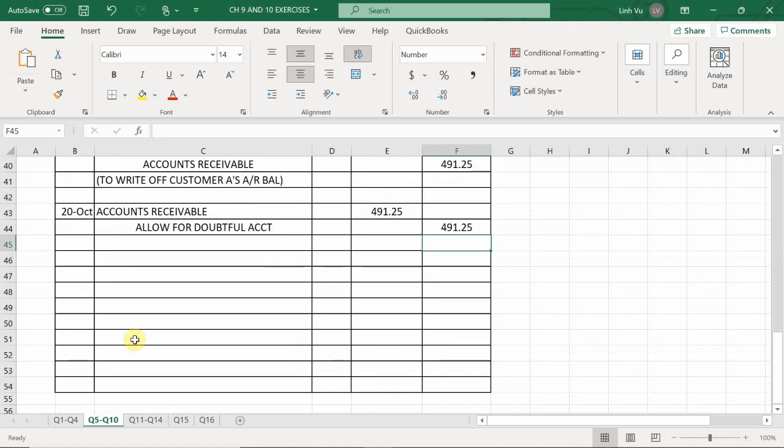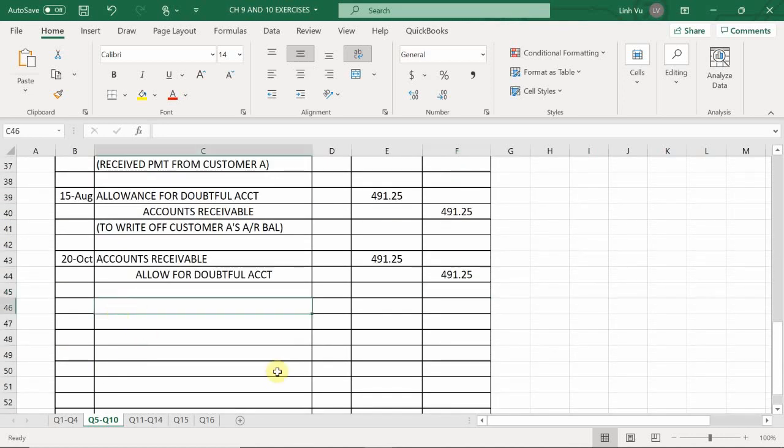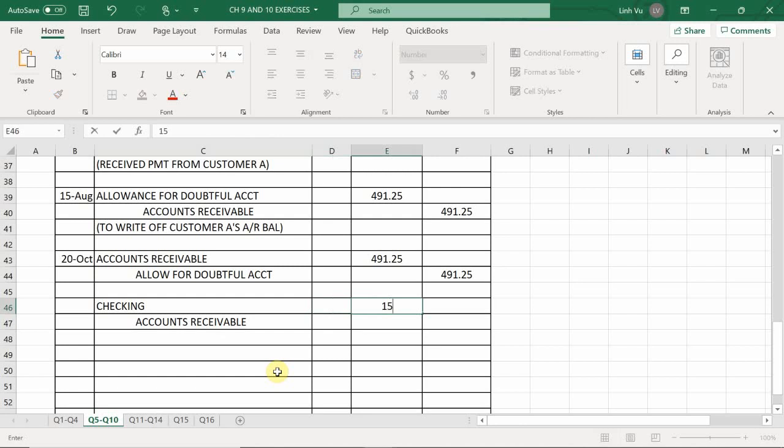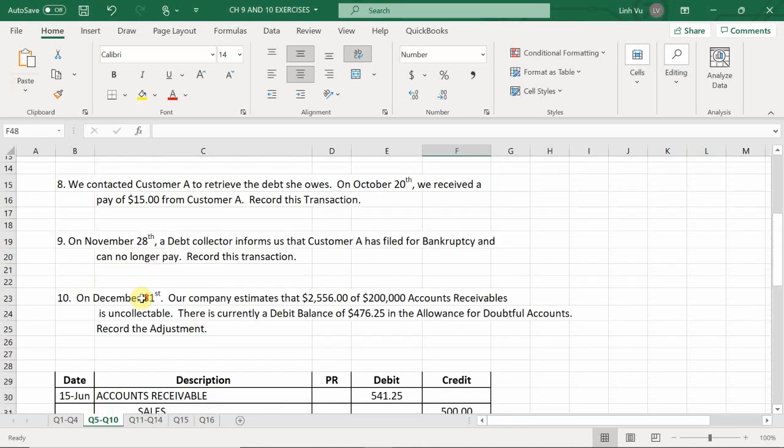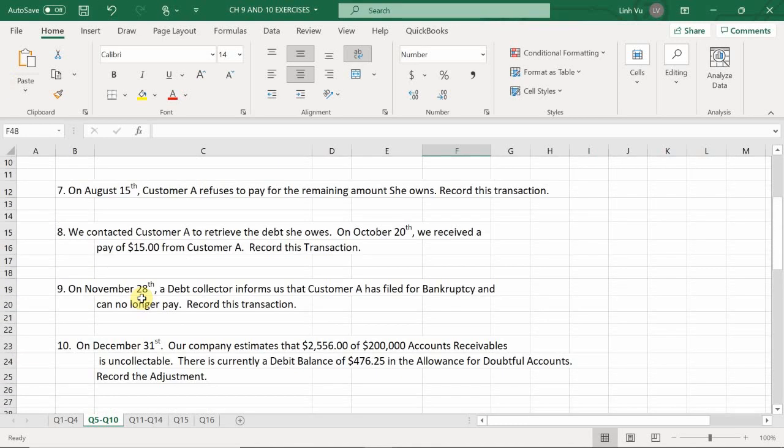So in this case, since we received a payment, I'm assuming it's a check, it's going to decrease the accounts receivable. So again, wrote a $15 check. So now that's going to decrease my accounts receivable by $15. So then here you go.